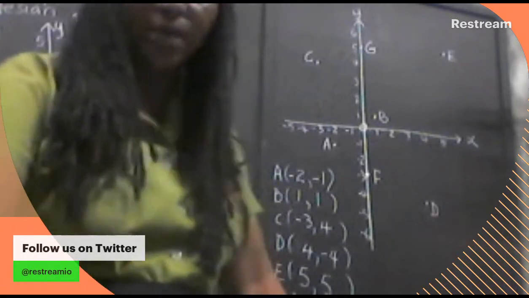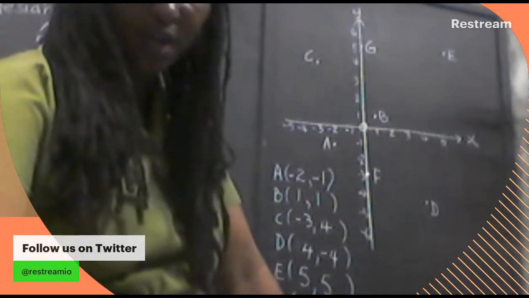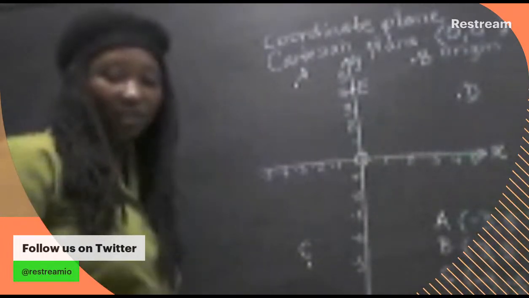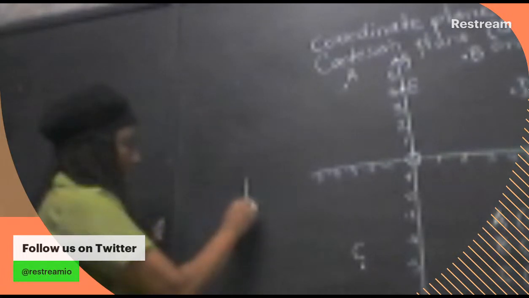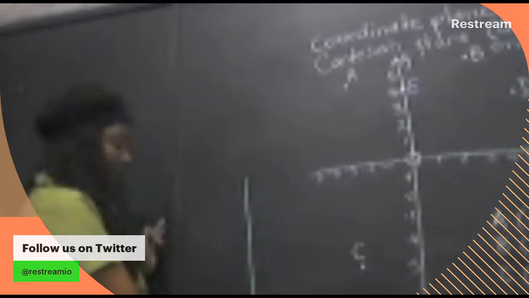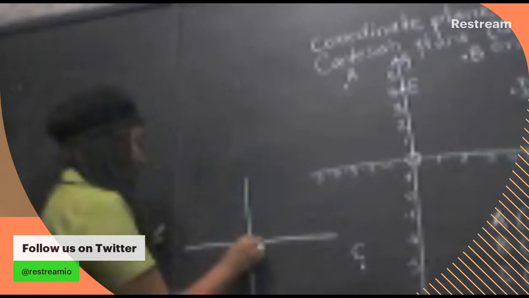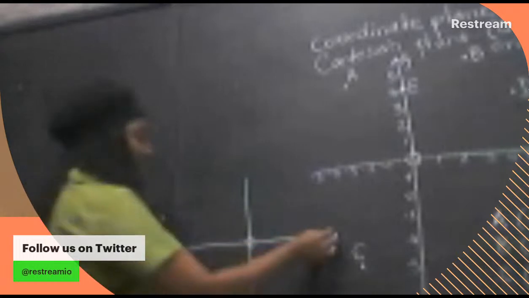So what we're going to look at now is something that I mentioned earlier, and that is the 4 quadrants. On the coordinate plane, we automatically have created 4 quadrants.